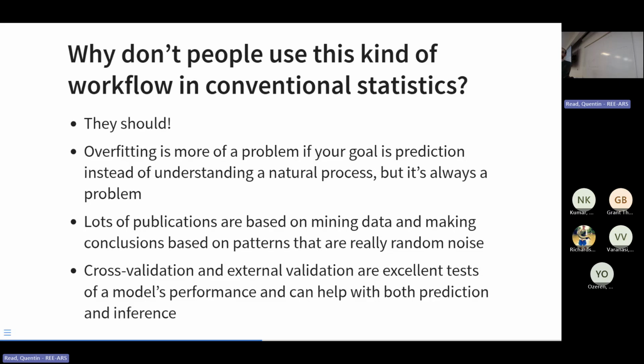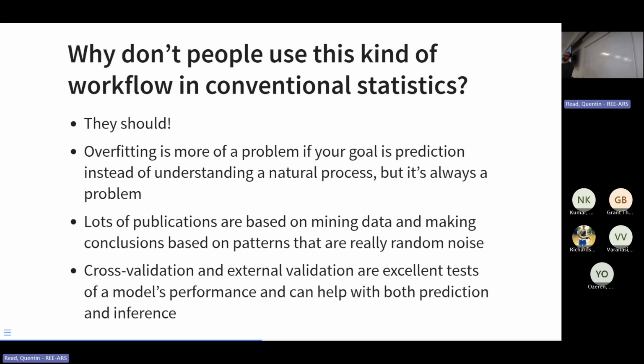We don't want to overfit in classical statistics either, right? It's not as bad of a problem if our goal is understanding and not prediction, but it's still a problem. We don't want to fit our model on random noise, because that's not going to increase our understanding of the world either. If you look at the scientific literature, you can't go far without running into publications based on data mining and pulling correlations out of data that could be random noise, and there's no way of knowing, right?